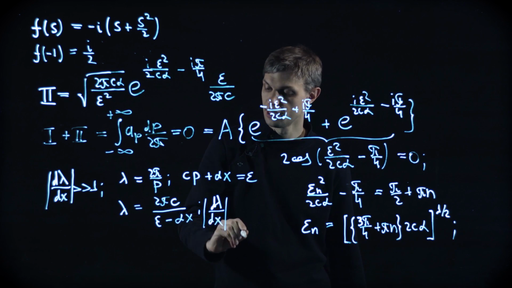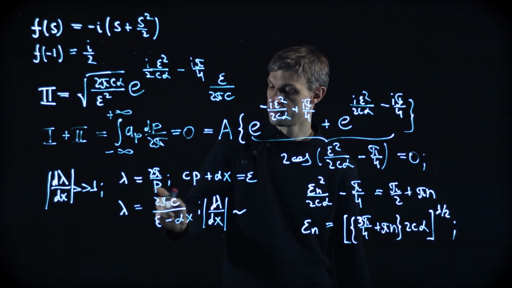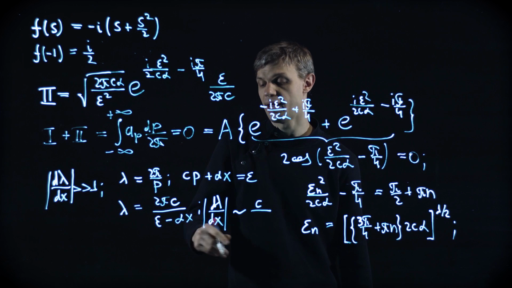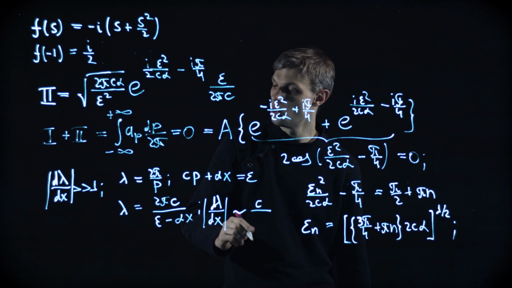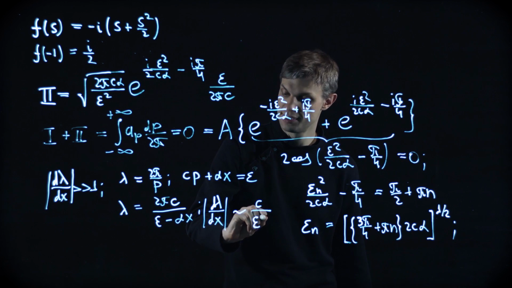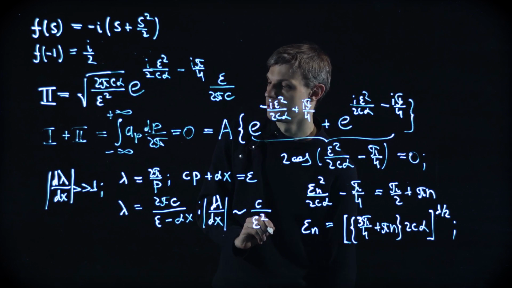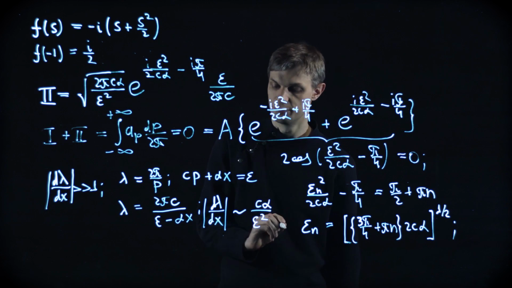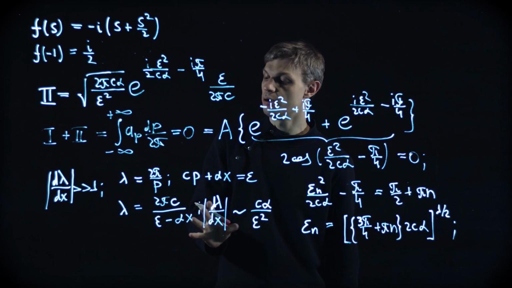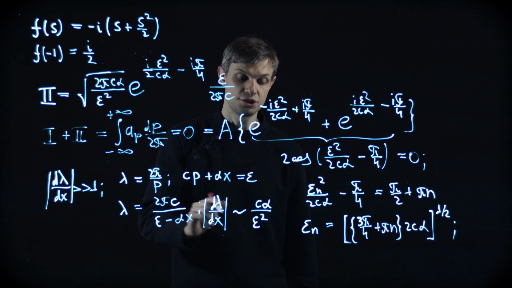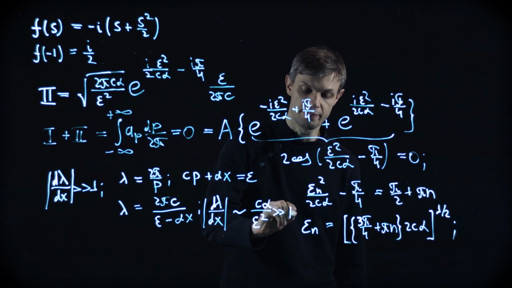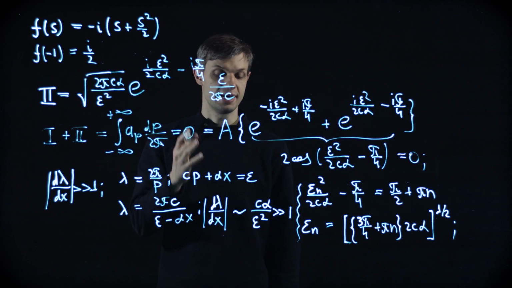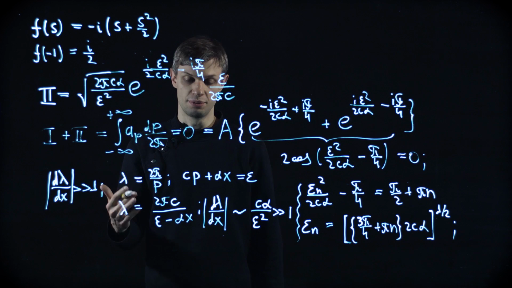So it's c over epsilon minus alpha x squared, but x is small, so it's basically c over epsilon squared, right? Sorry, I dropped alpha factor here when I was differentiating. So this is our d lambda over dx, and this parameter should be large if we want to use semi-classical approximation. And this was precisely our initial large parameter of the problem.